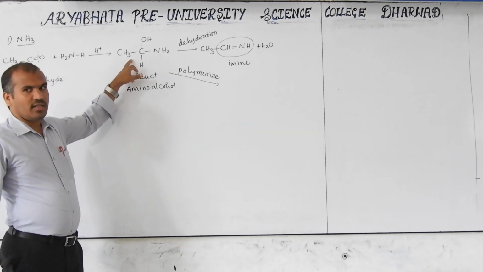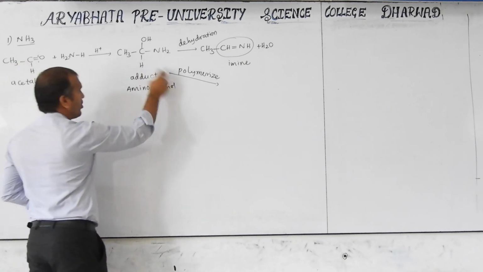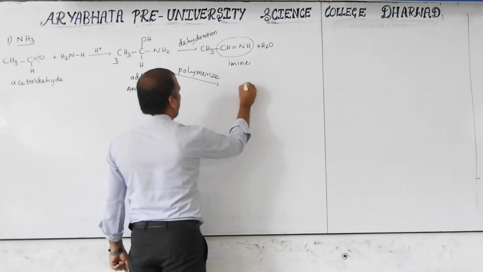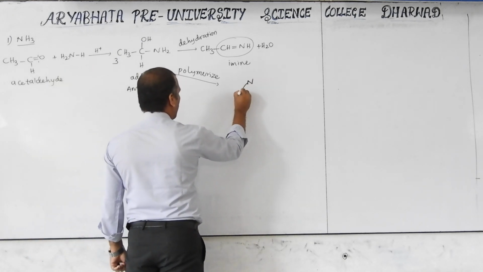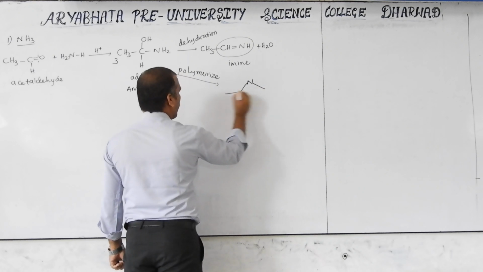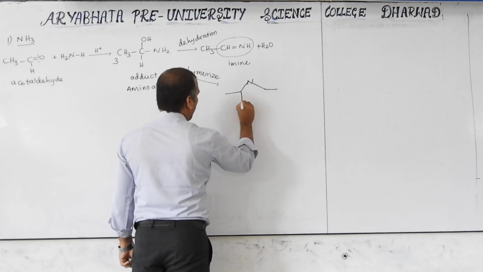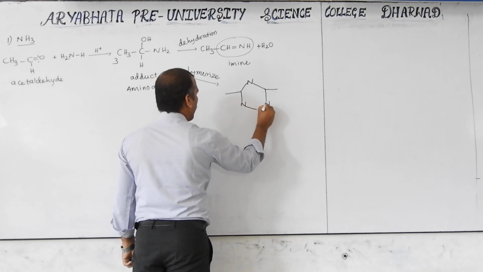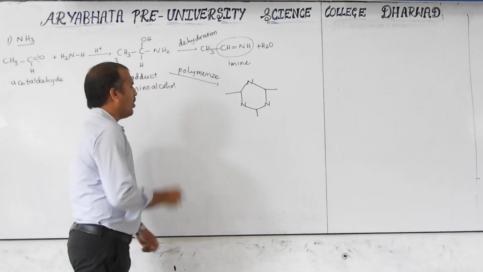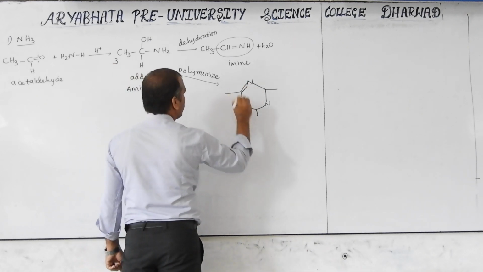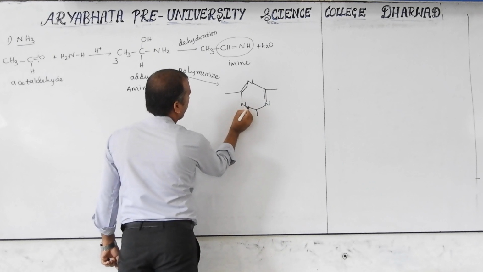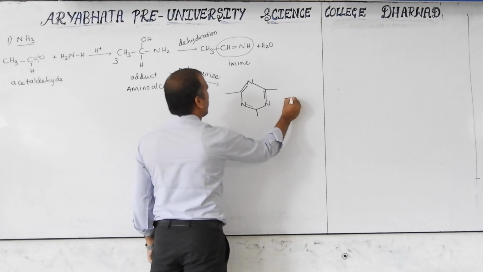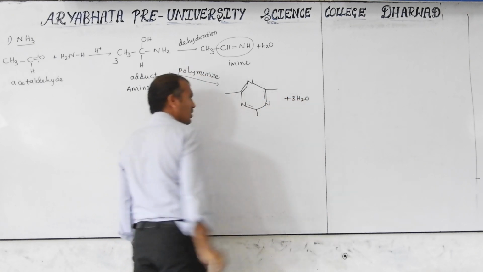So here one is like this, 3 moles. For this 1 mole only, like this 3 moles form a ring. This is formed, along with 3 moles of water molecules eliminated.